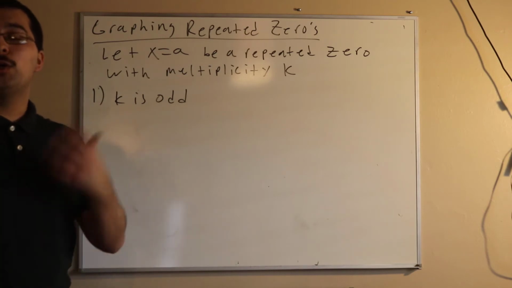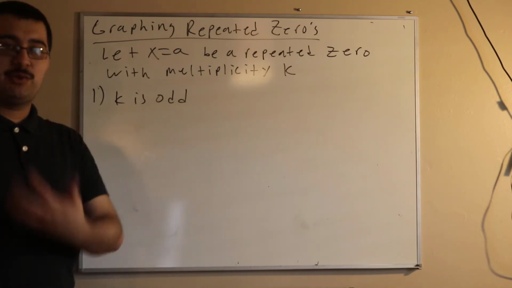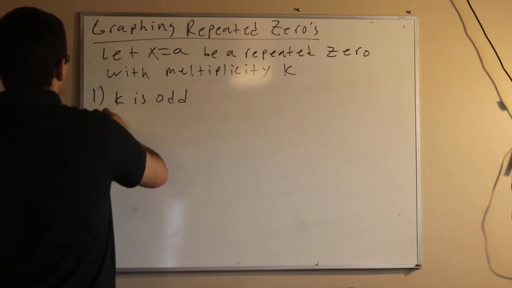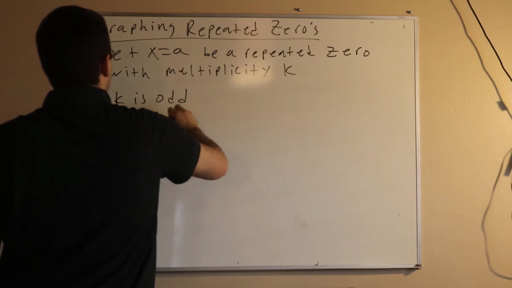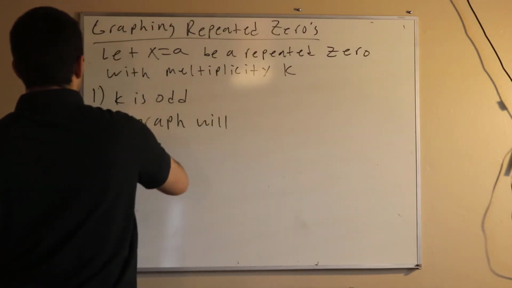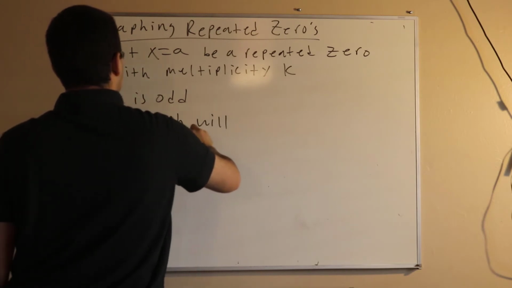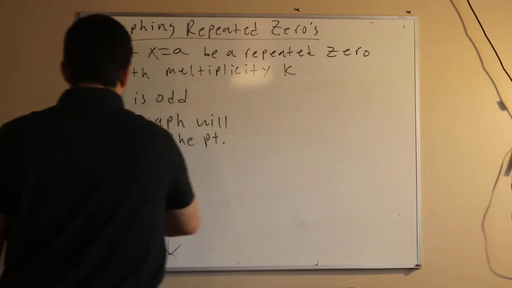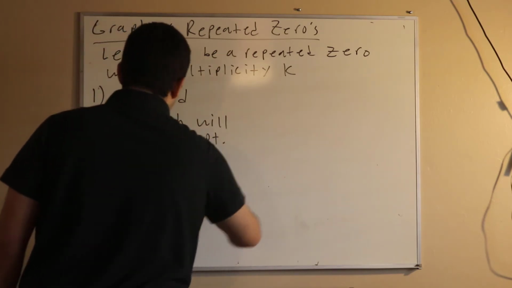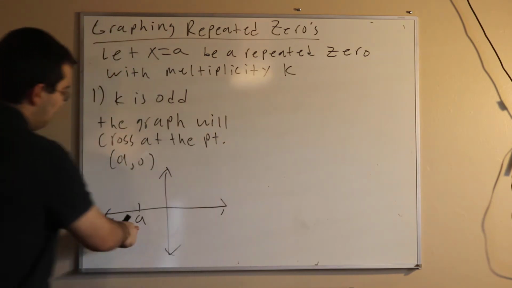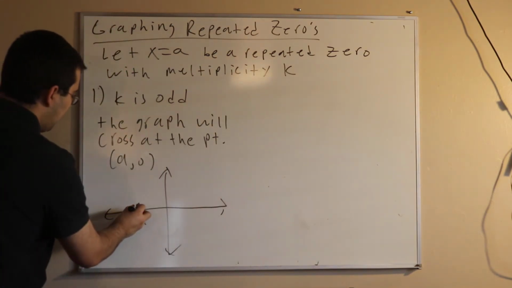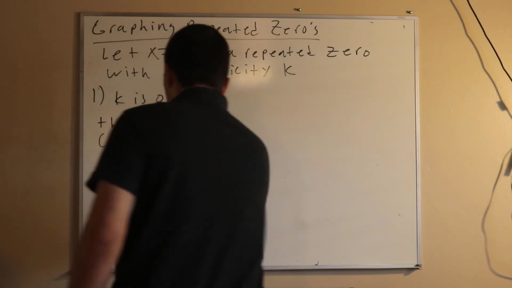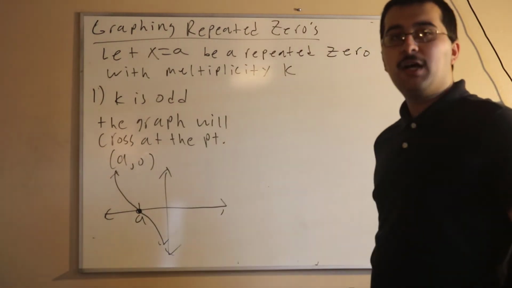So when you're dealing with a zero with odd multiplicity, all that means graphically is that the graph will cross at the point (a, 0). So for a quick visual example, what do I mean by that cross? If that's the point right there, (a, 0), then my graph will simply cross that point. Alright? The graph is cutting through that point.